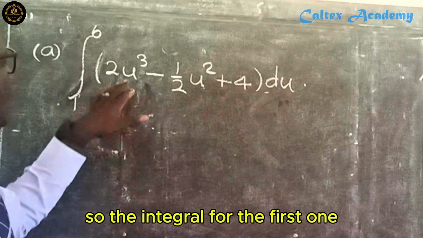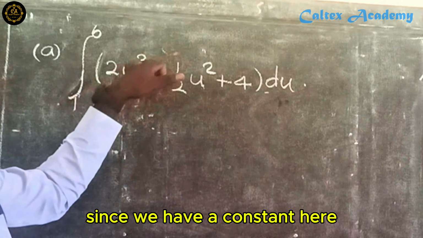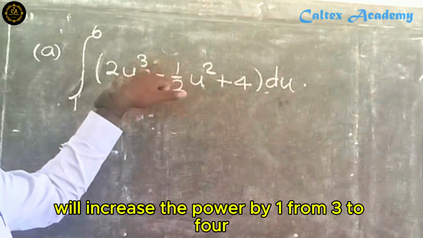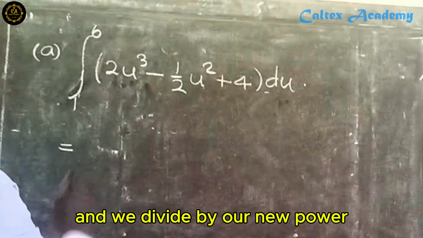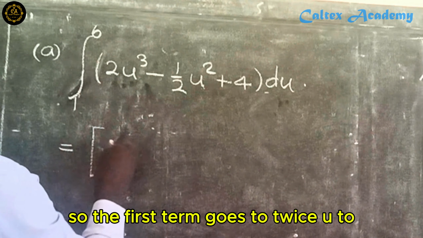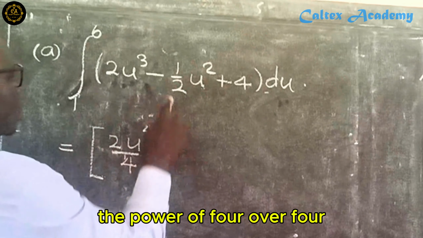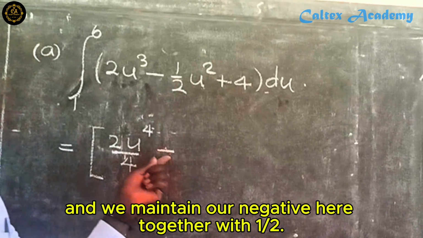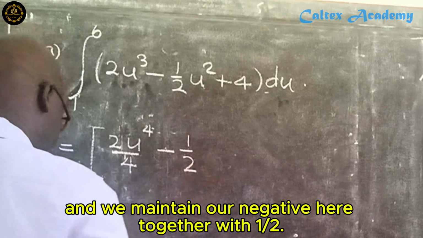So, the integral for the first one, since we have a constant here, we will increase the power by 1 from 3 to 4, and we divide by our new power. So the first one goes to 2u to the power of 4 over 4, and we extend our negative here together with 1/2.